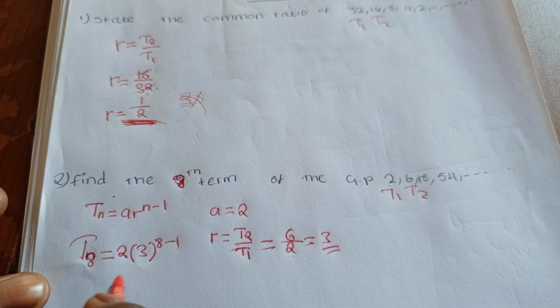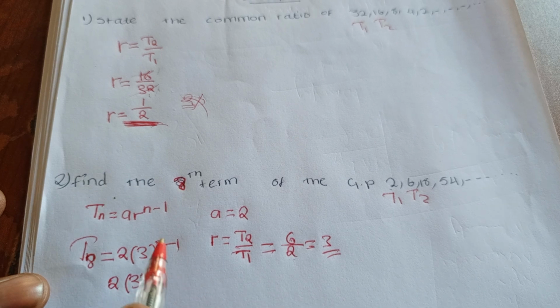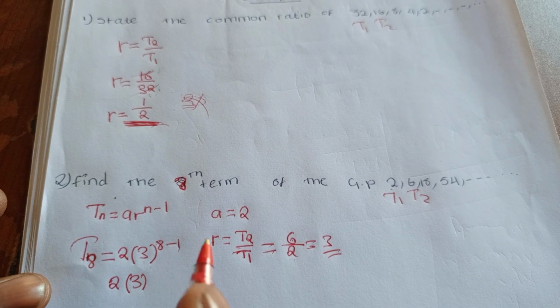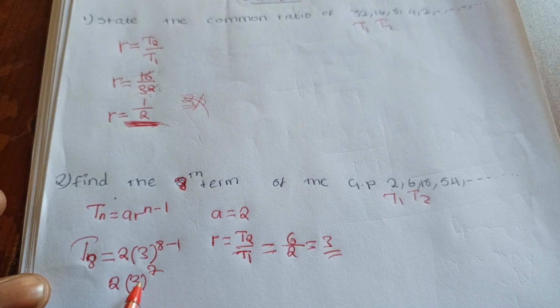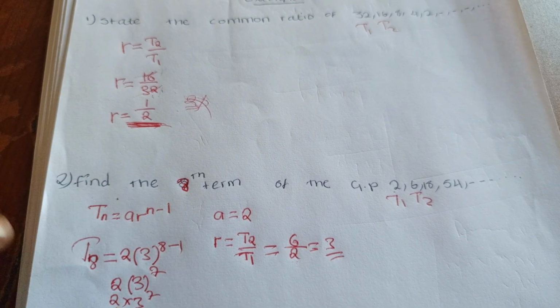Please don't multiply 2 times 3 first. First you solve this part: write 2, then open bracket, then 3, then 8 minus 1, which is 7. This is the same as 2 times 3 to the power 7. So you can punch this on the calculator.